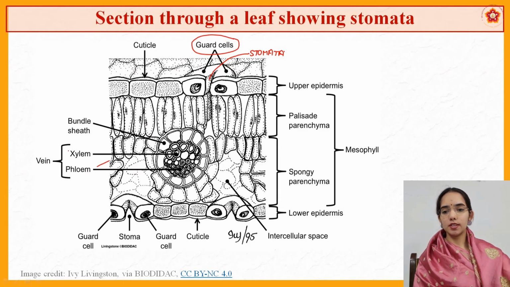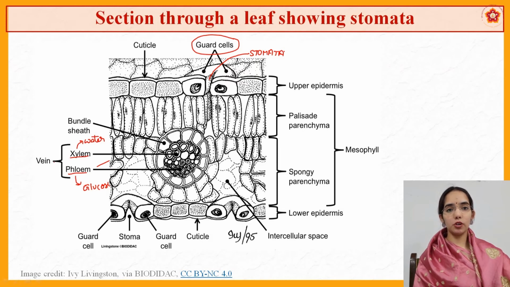Now over here you can see the veins, xylem and phloem. Xylem helps in transport of water and minerals. So water and minerals can reach various parts of the plant through xylem, and whatever food is prepared, that glucose, starch, can be transported by phloem.